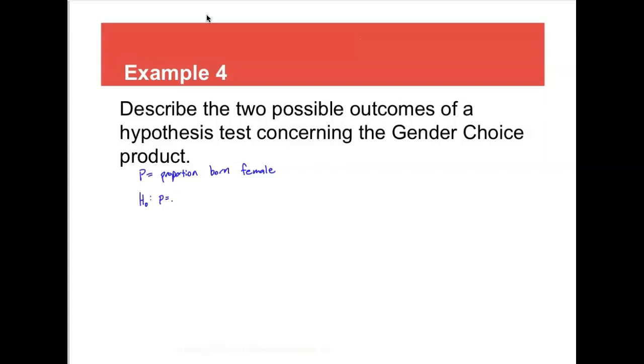So P is 0.5 in that case. And then my alternative that I'm looking for evidence of is that it does work, in which case P is what? Greater than 0.5. That's exactly right. So those would be our two hypotheses, and that's how you can state them symbolically. Null hypothesis, it doesn't work, P is 0.5. Alternative hypothesis, P is greater than 0.5.